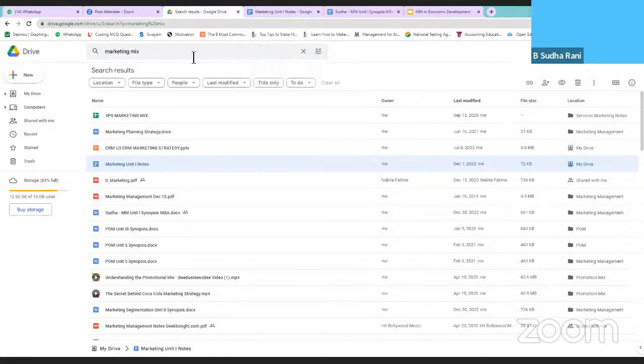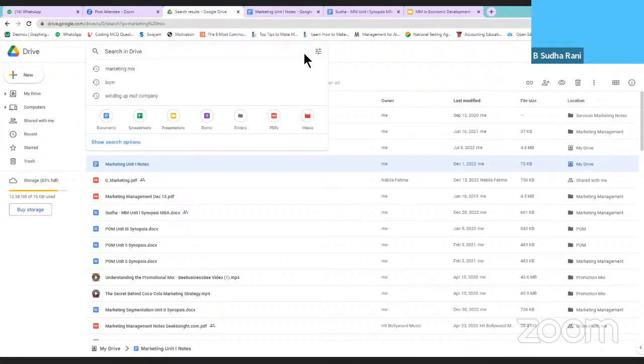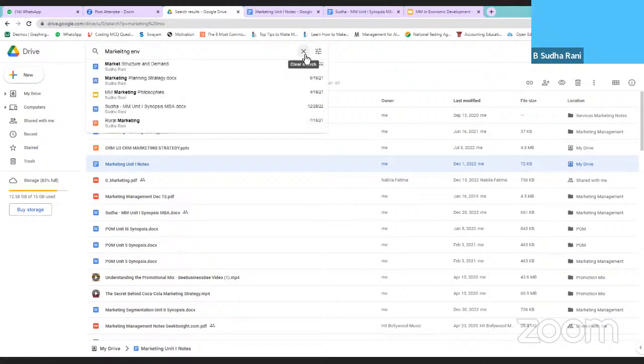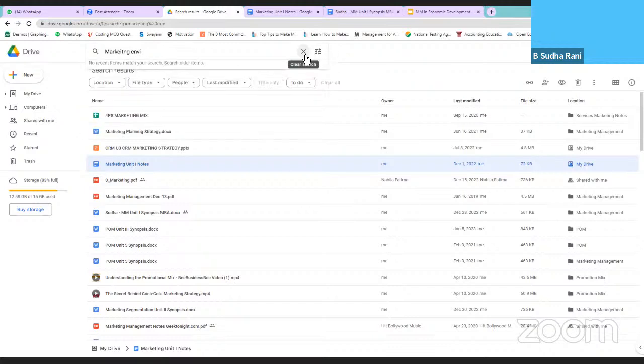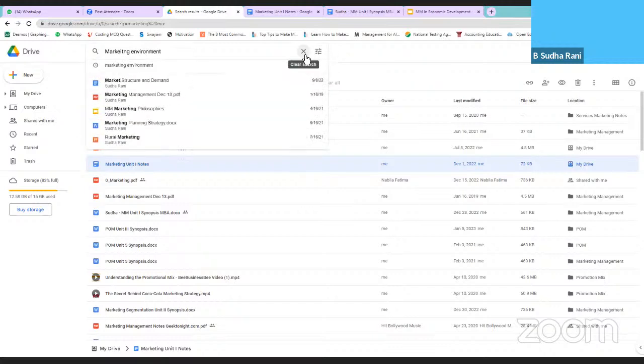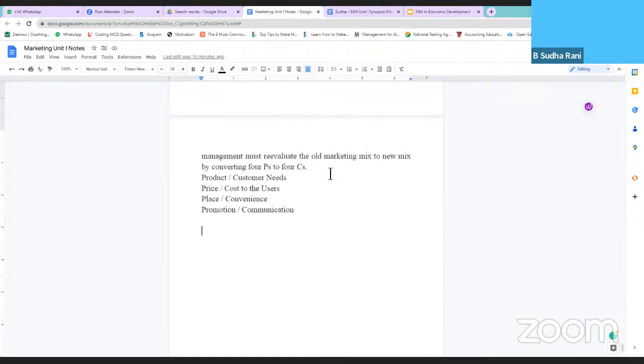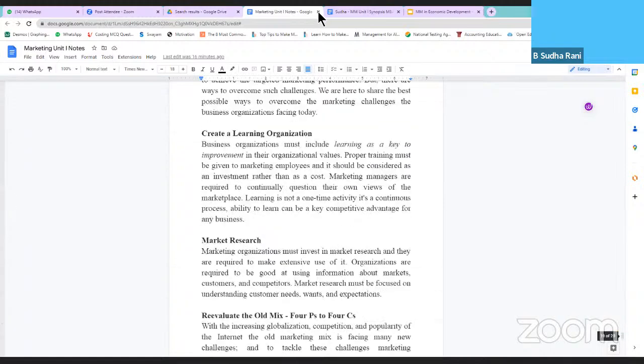The next thing is the marketing environment. Let me see whether I included this part or not. Yeah, that's not there. Marketing mix is over in this.